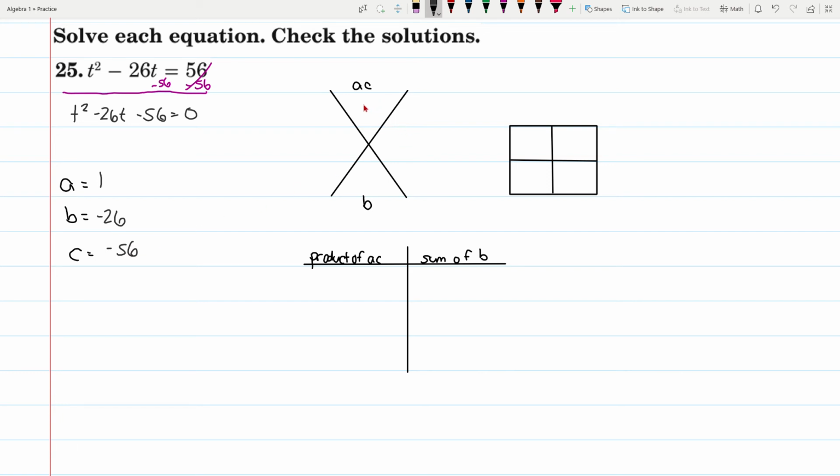And so A times C is negative 56. B is negative 26. We're looking for a product of negative 56 that adds up to be negative 26. That must mean the factors are going to have to be pretty far apart in order to add up to negative 26.